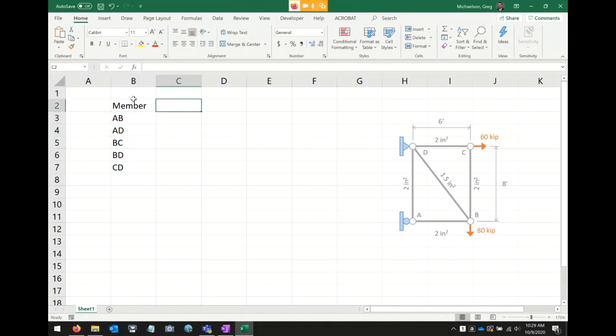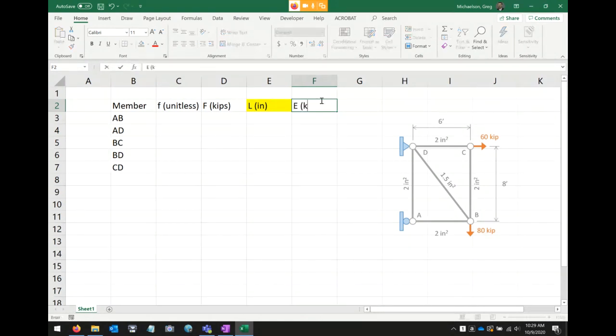We're going to have the little f value, which is unitless, the big F value, which is in kips, and the length in inches. Remember, whenever you're doing this, the length needs to be in inches for your units to work out. We need E in KSI, and we need A in square inches.